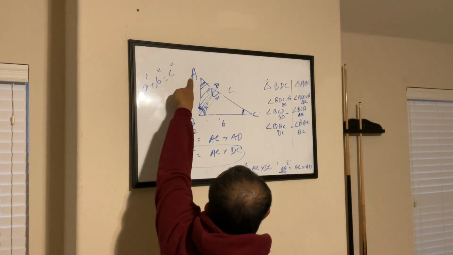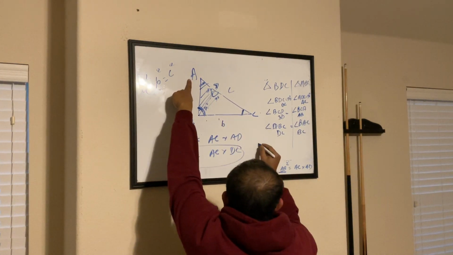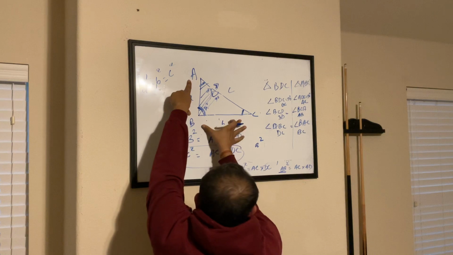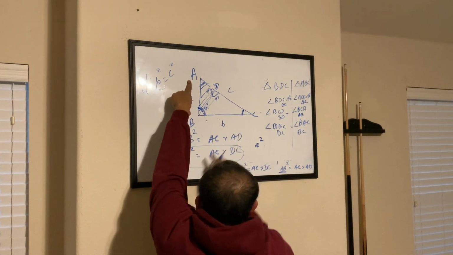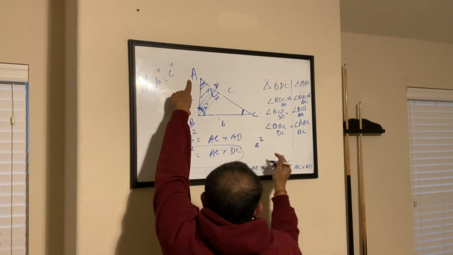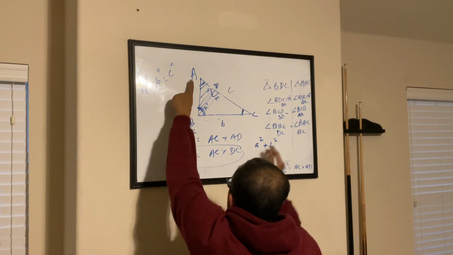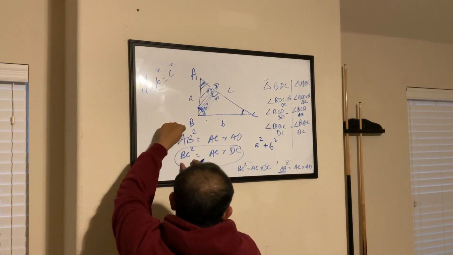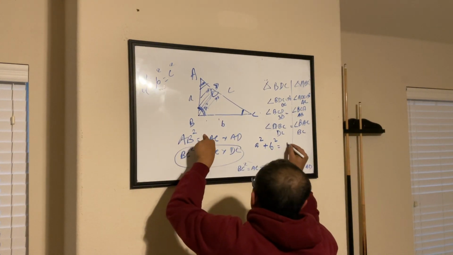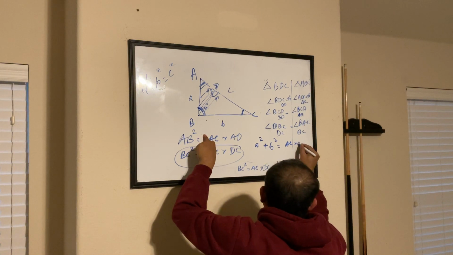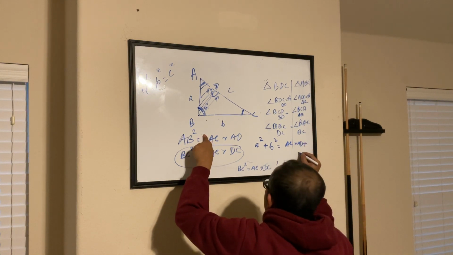Now AB is nothing but my A. So I can say A square and this part is B. So BC is nothing but B. So if I add these two together, meaning A square plus B square, I get this value which is equal to AC into AD plus AC into DC.